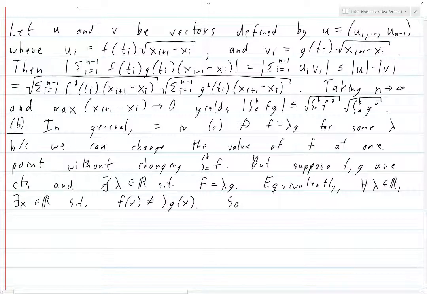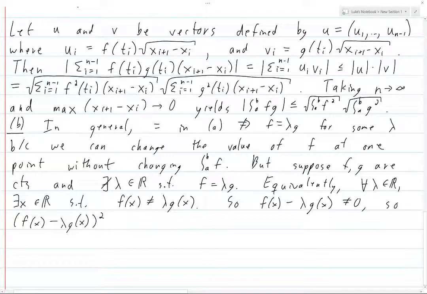So, if f of x is not equal to lambda times g of x, then f of x minus lambda times g of x is not equal to 0. And then if we square both sides, we get f of x minus lambda g of x squared is not equal to 0.